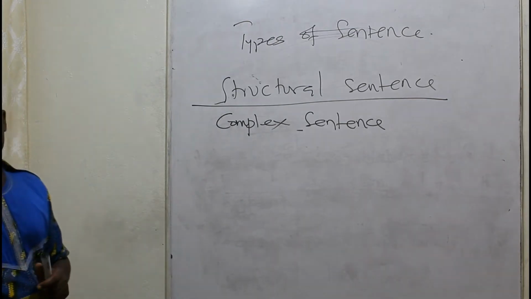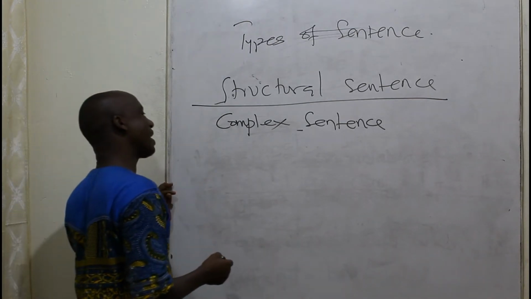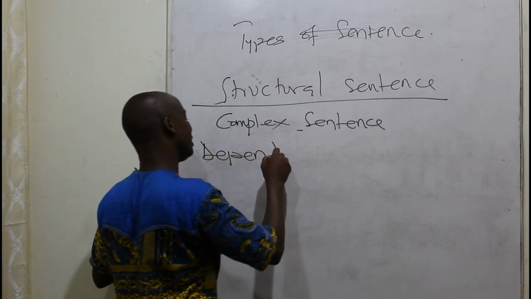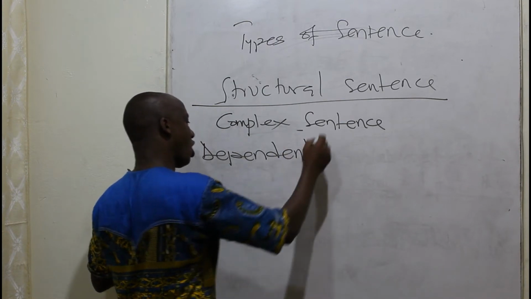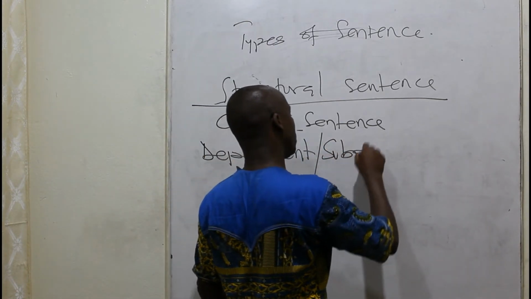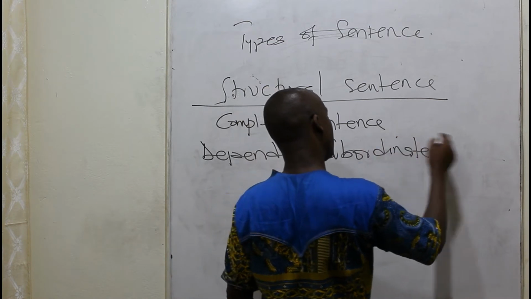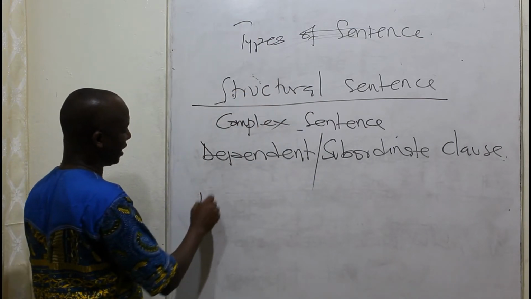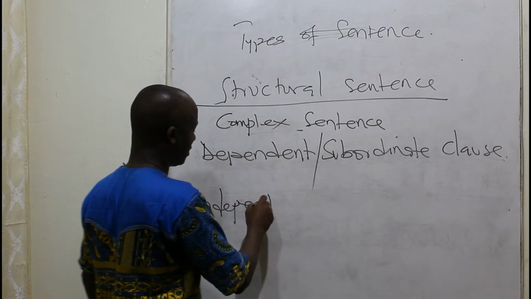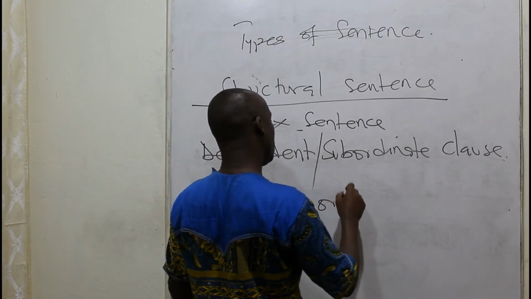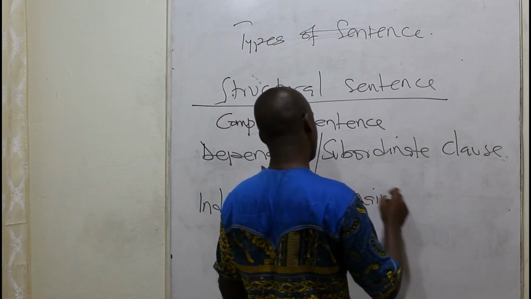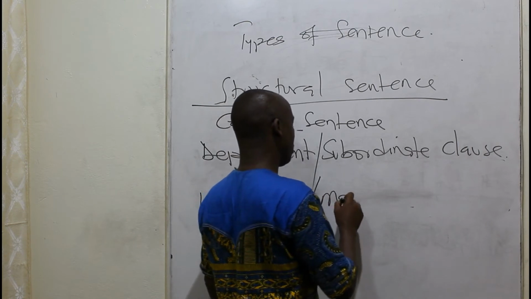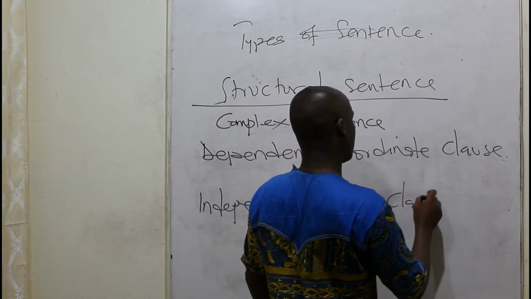It means that when you divide the sentence into two, you have a dependent or subordinate clause, and you also have an independent or main clause.